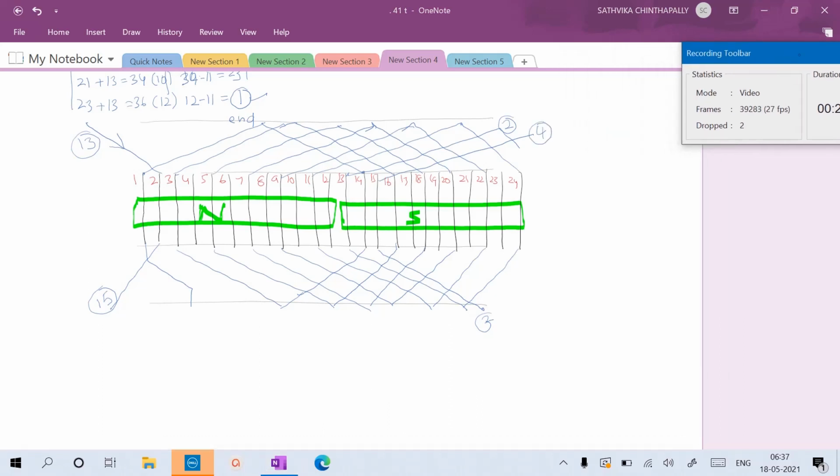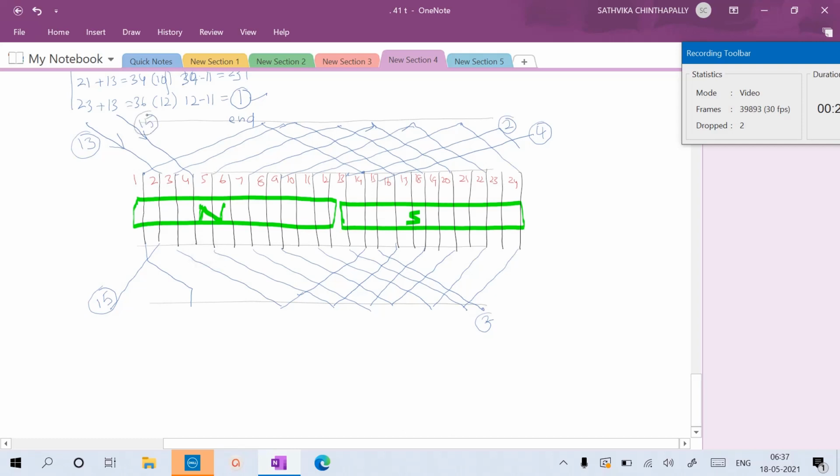Okay, similarly it's a 2, 4, and where is the 4? The 4th is here. It's coming to the 13th, the 15th. So it is coming from the fourth, na? The fourth is coming from the 15th. Okay.